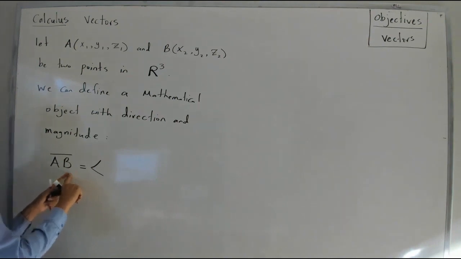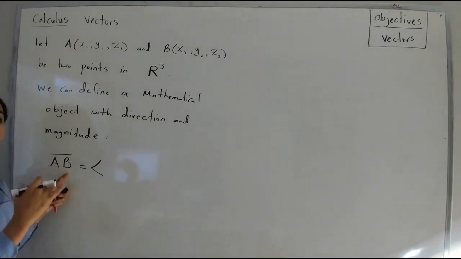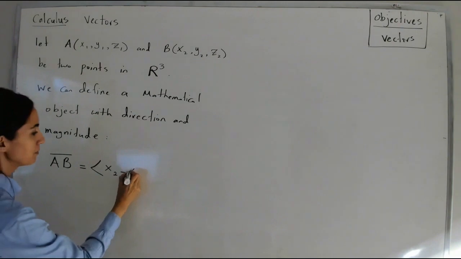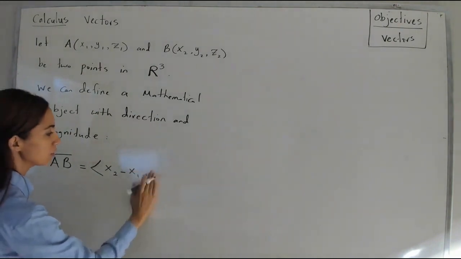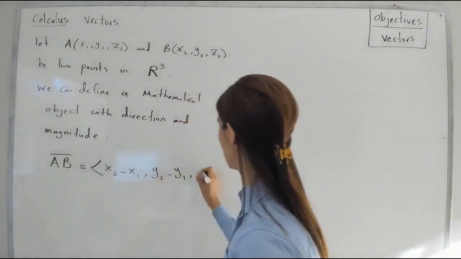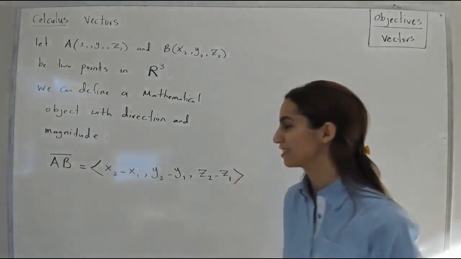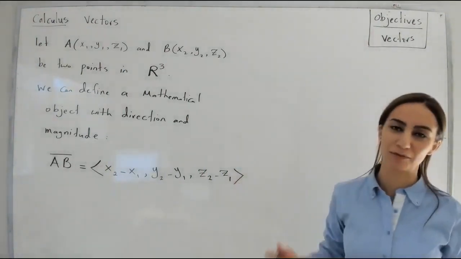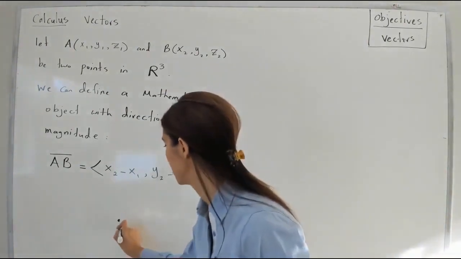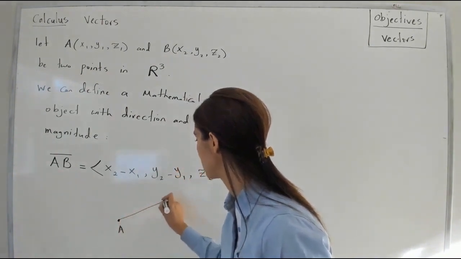The terminal point has x sub 2, y sub 2, z sub 2, so they come first. X sub 2 minus x sub 1, comma, y sub 2 minus y sub 1, and finally z sub 2 minus z sub 1 is this new mathematical object that we call a vector. Starting from point A and going to point B in this direction.